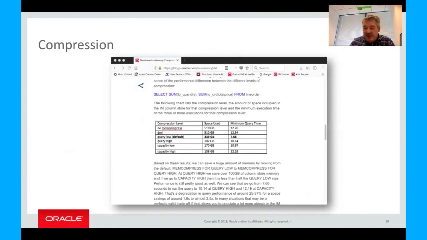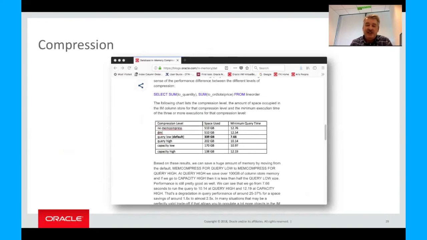So if I go back at this point to the question that was asked about what we recommend for compression on a data warehouse: with compression, and this is true with the on-disk compression that we offer as well, your mileage will vary based on your data. So you really do have to experiment with the different levels of compression.